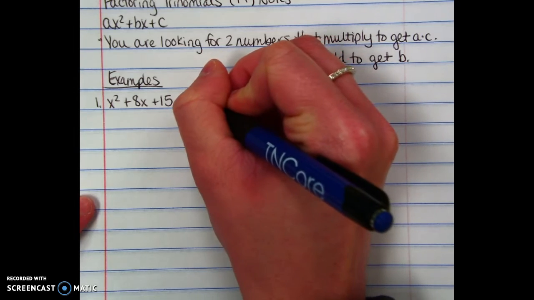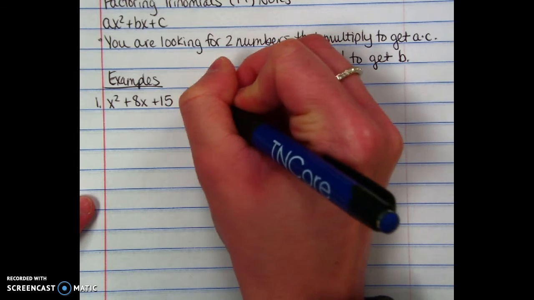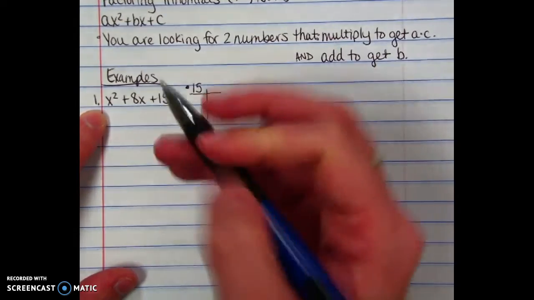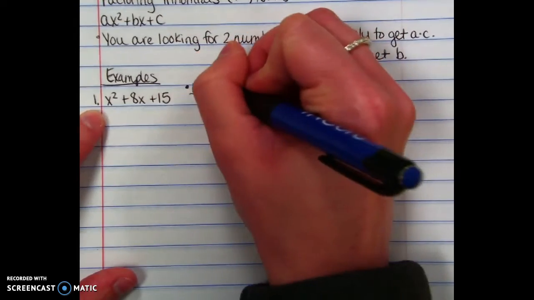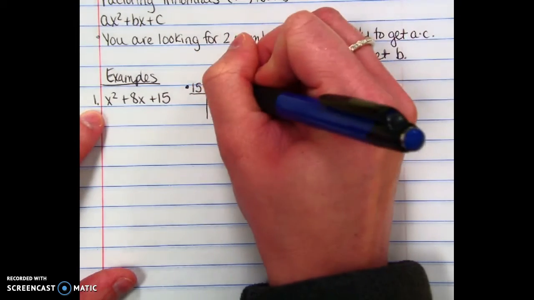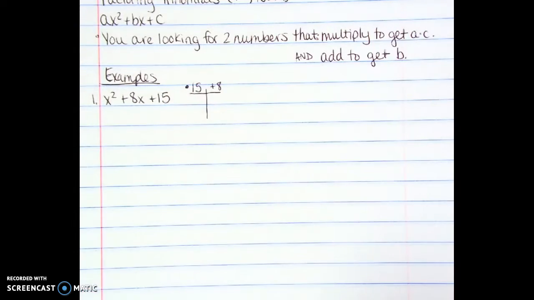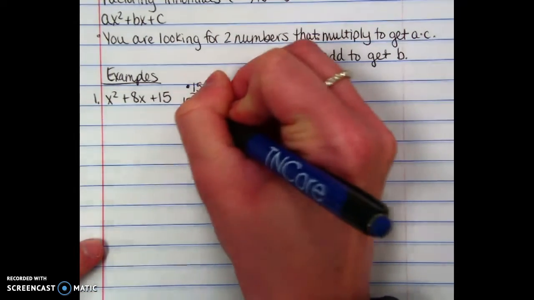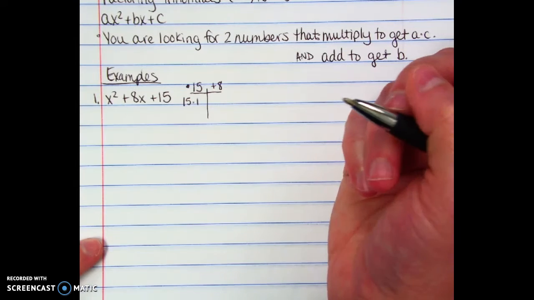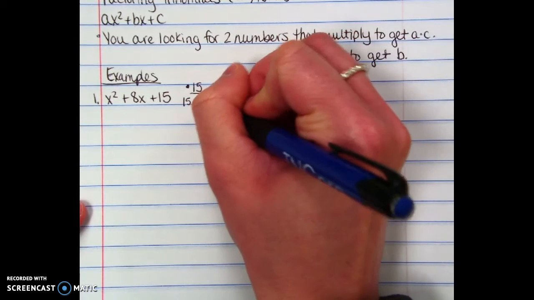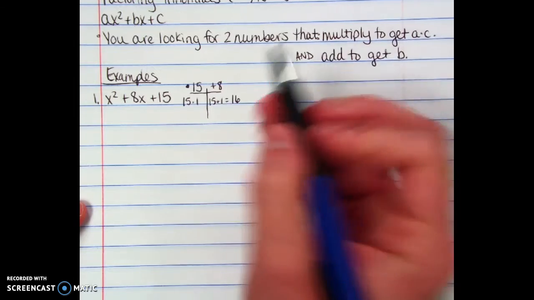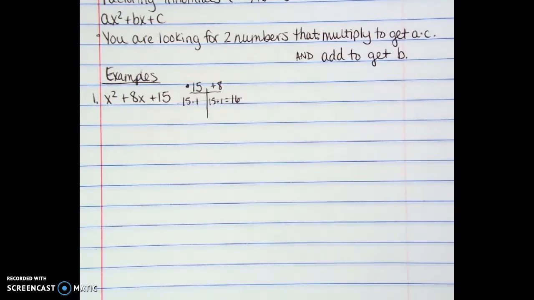I need it to multiply together to get me 15, and I need it to add together to get me 8. Two numbers that multiply to 15 are 15 times 1. I know that's 15, but 15 plus 1 is 16, which is not the 8, so I got to get rid of that one.